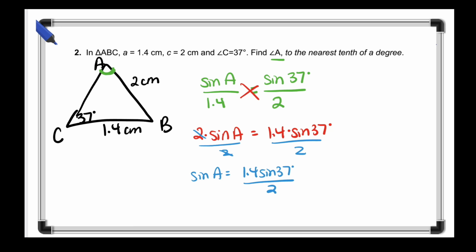The inverse sine is going to cancel out that sine there and leave us with just angle A on its own. So we'll take the inverse sine of both sides, and that's going to be of this whole fraction, 1.4 sine of 37 divided by 2. Now, when we plug this all in our calculator, we will get angle A is 24.9 degrees.